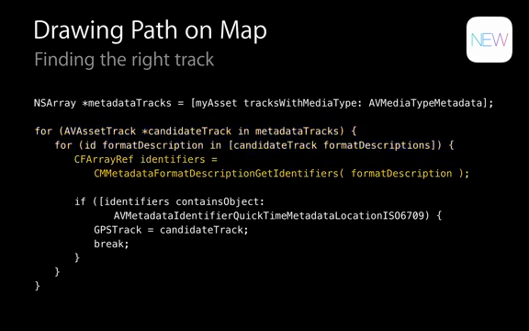And for each format description, you're going to grab its list of identifiers using this function and check whether that identifier array contains the identifier you're looking for. In this case, we're looking for the location ISO 6709 identifier. So once we've found it, we're good to go, and we can resume with the code on the previous slide. So that's how QuickTime Player is drawing the path on the map before you start playback.